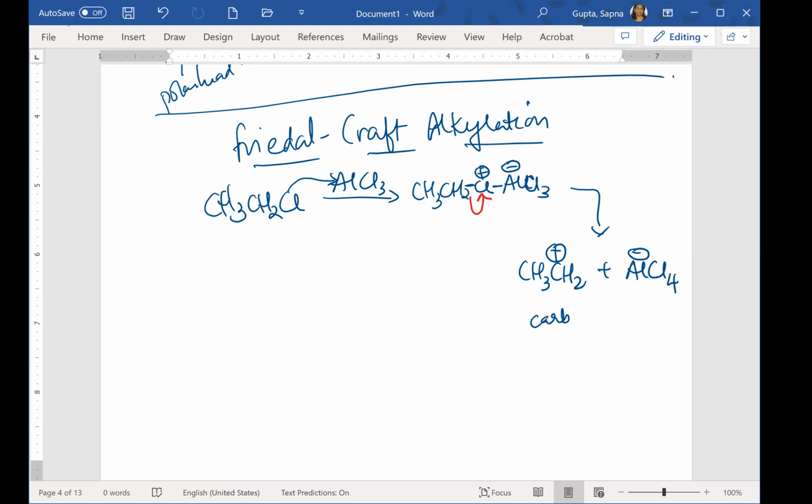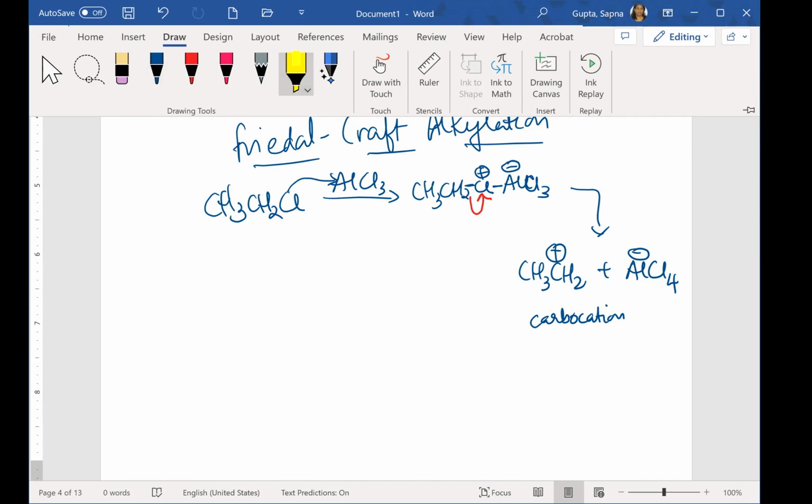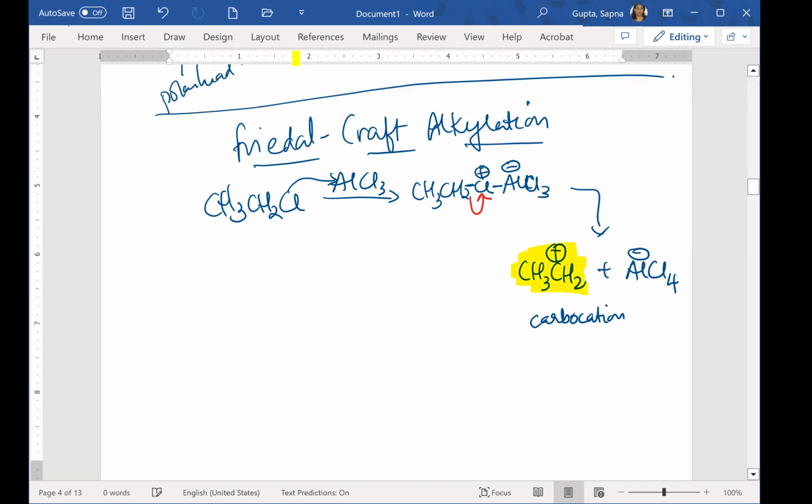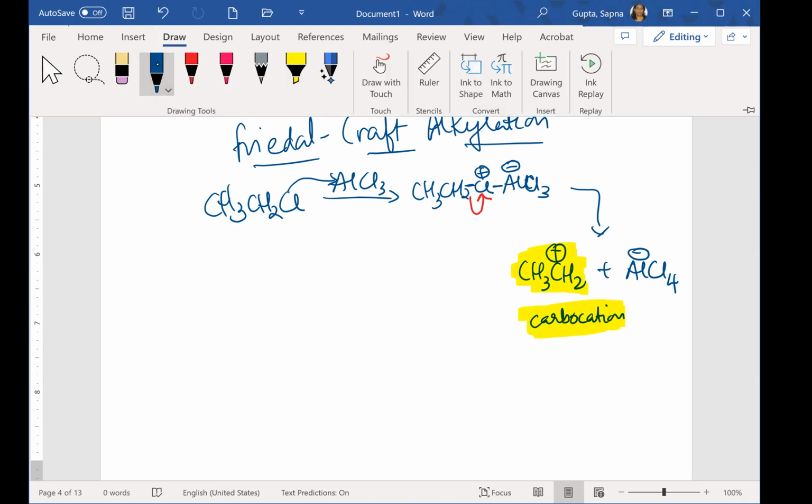So here is an issue, which I know you'd like to forget, but we can't forget, is that this is a carbocation. And carbocations bring all sorts of issues like rearrangements. Okay, so we'll talk about that a little bit later.